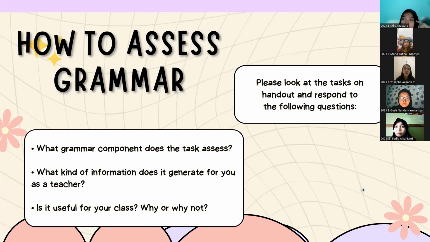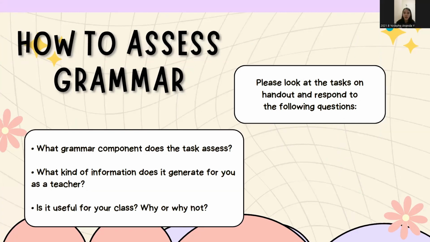How to assess grammar? There are 3 points. The first is grammar component assessment. This point refers to the specific aspect of grammar that the task is designed to evaluate. It could be related to tenses, sentence structure, punctuation, or any other grammatical element. The second one is information for the teacher.